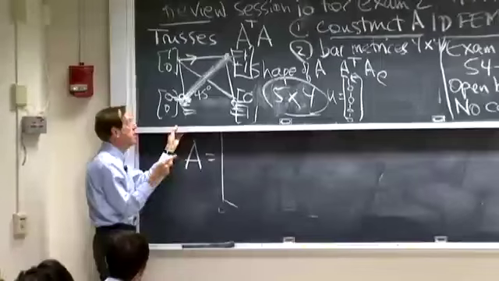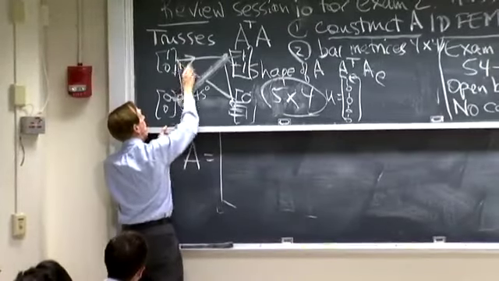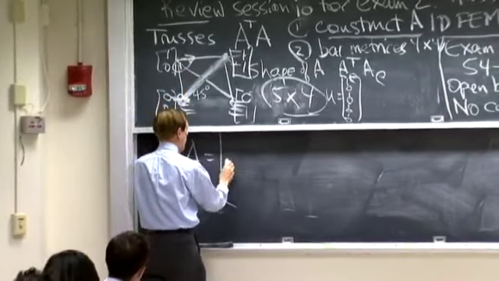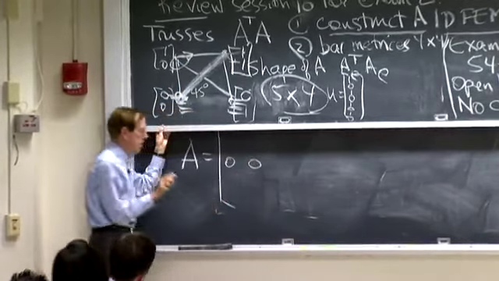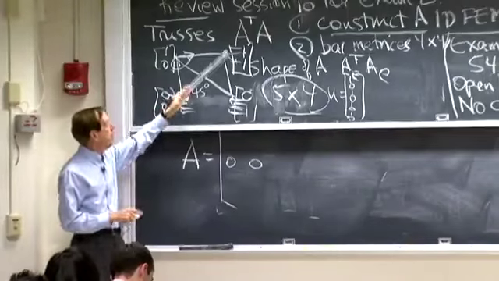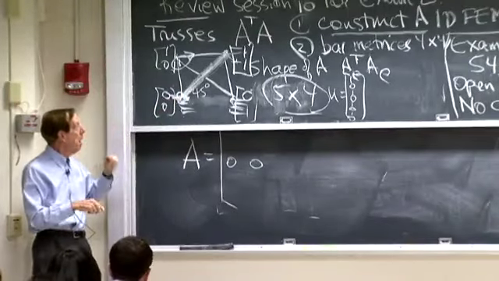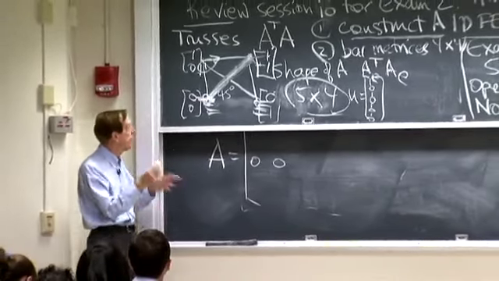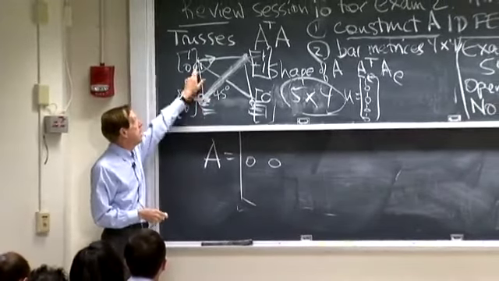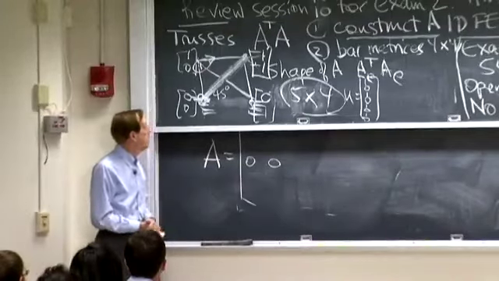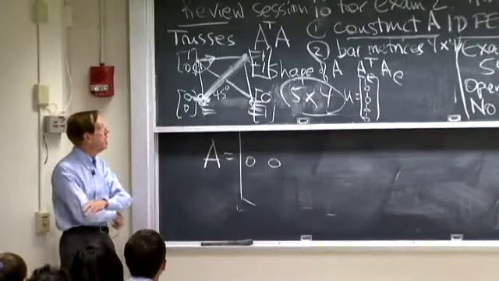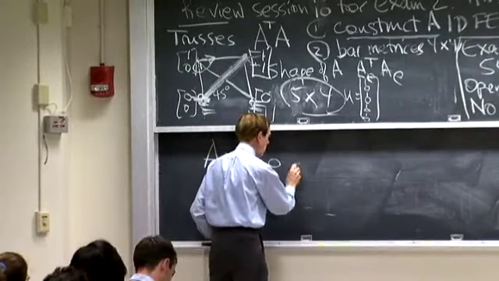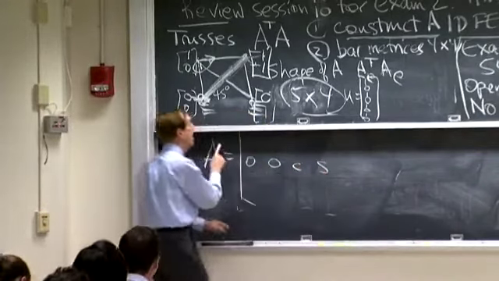Where do my non-zeros appear? This is node number 1 with an H and a V. If that bar stretches, the connection between displacement and stretching of this bar does not involve this node. So it's 0 and 0 there. Now come the real numbers, which I believe to be cosine and sine of that angle.